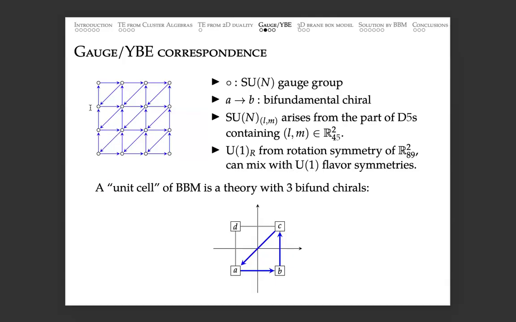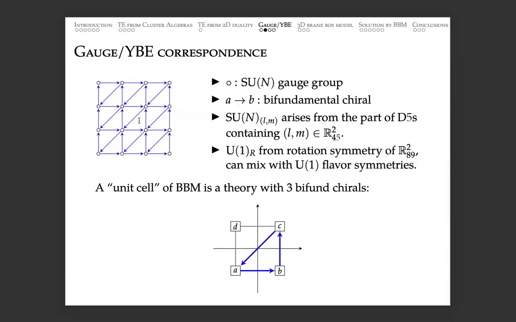Now, the point is, if you look at this quiver, it just looks like some spin model on a square lattice, where spins are these circles like before. And then what are these arrows? These arrows, you can think of them as some interaction between pairs of spins.